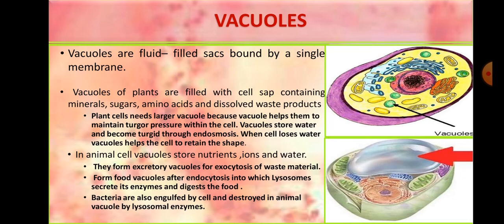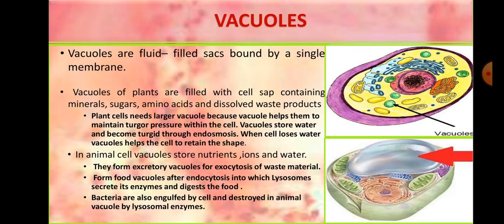While in case of animal cells, vacuoles store nutrients, ions, water. They form excretory vacuoles that help in exocytosis of waste materials. They also form food vacuoles after endocytosis, into which the lysosomes secrete the enzymes.